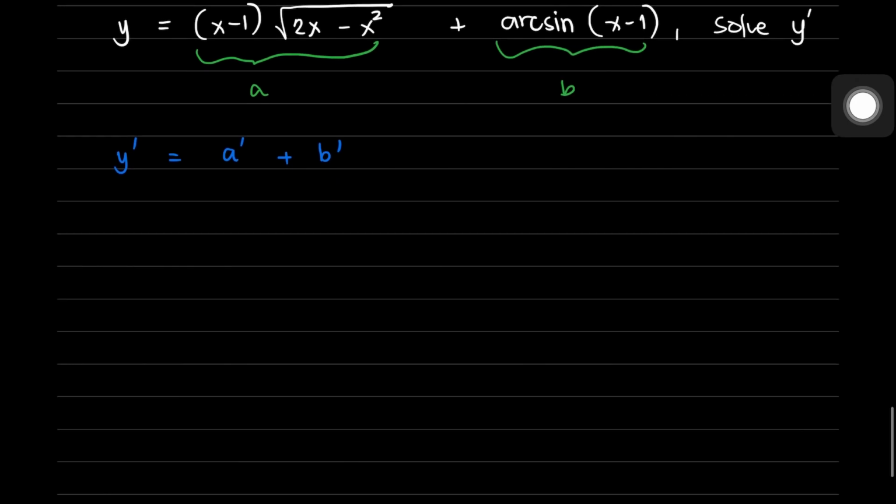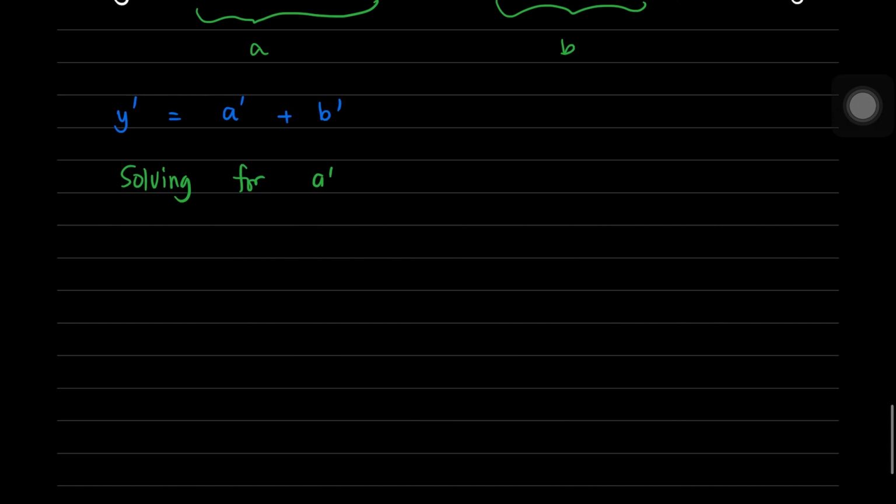So solving for a prime, a, which is x minus 1 multiplied with the square root of 2x minus x squared, is in the form of u multiplied by v. And the derivative of u multiplied by v is equal to u dv plus v du.